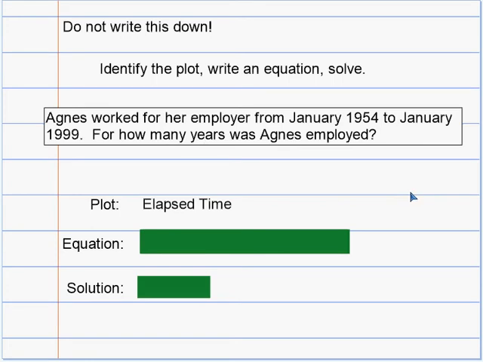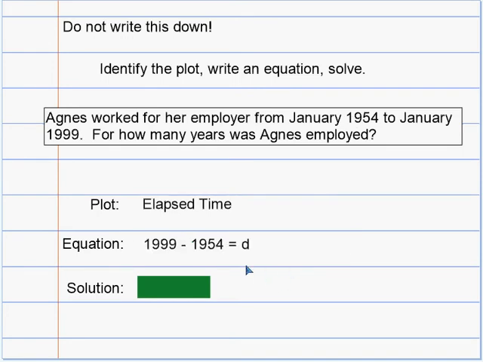The equation, if you remember from the slide that we just looked at, we take the later time, or the one closest to today, which would be 1999, and we subtract 1954 from it, the earlier date, and that would give us D, our difference. That's an equation. You'll be asked to write equations, so make sure you do this step.